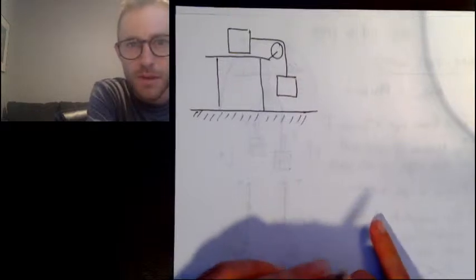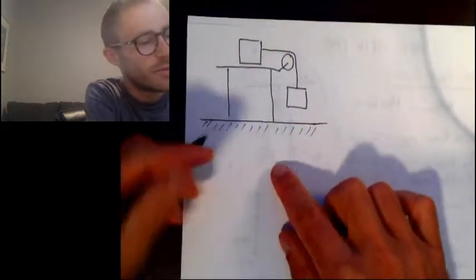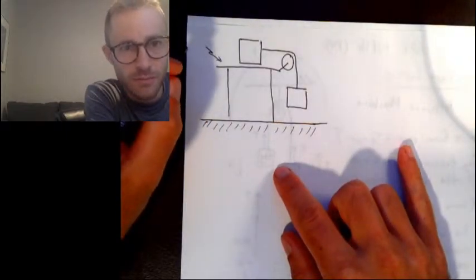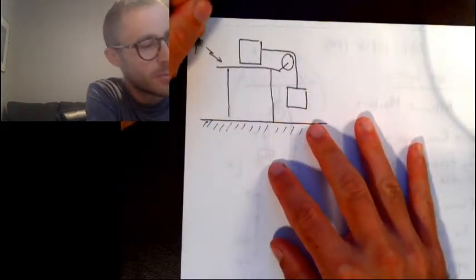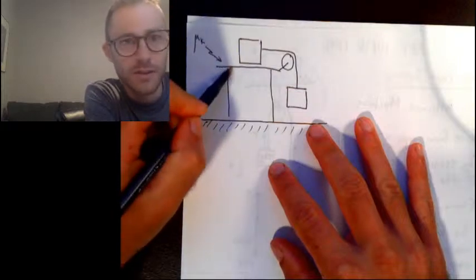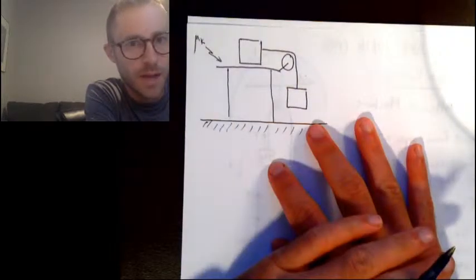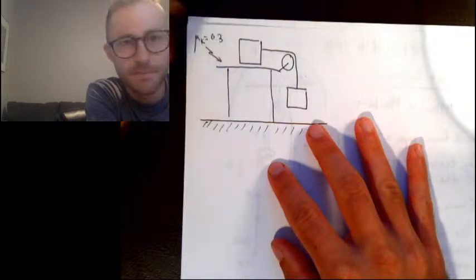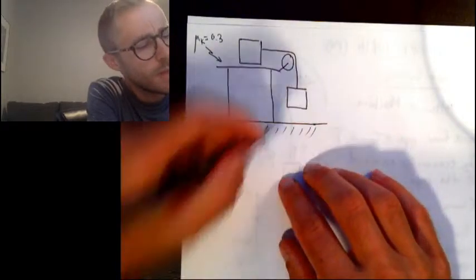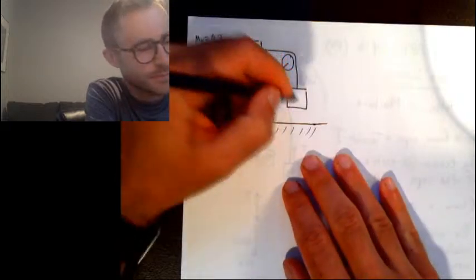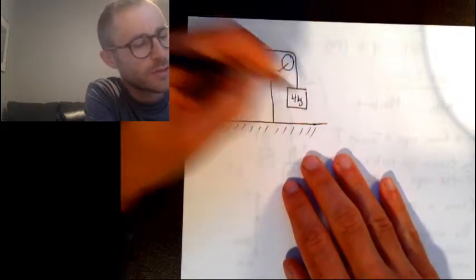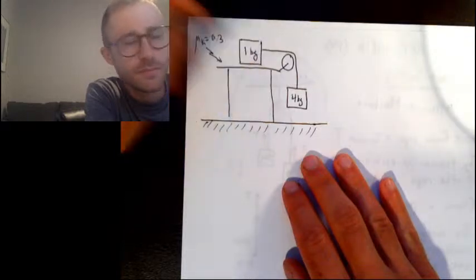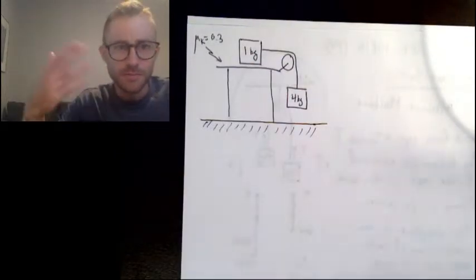And we are going to say that the coefficient of kinetic friction between the table and this mass is 0.3. This is a 4 kilogram mass. This is a 1 kilogram mass.